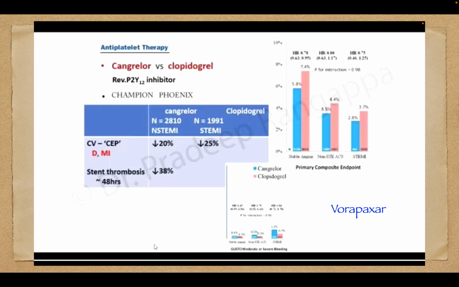As regards the various other antiplatelet therapy in the form of cangrelor, which is a reversible P2Y12 inhibitor, you could see that cangrelor in non-STEMI and STEMI would cause decrease in the morbidity and mortality, as well as decrease in the incidence of stent thrombosis.